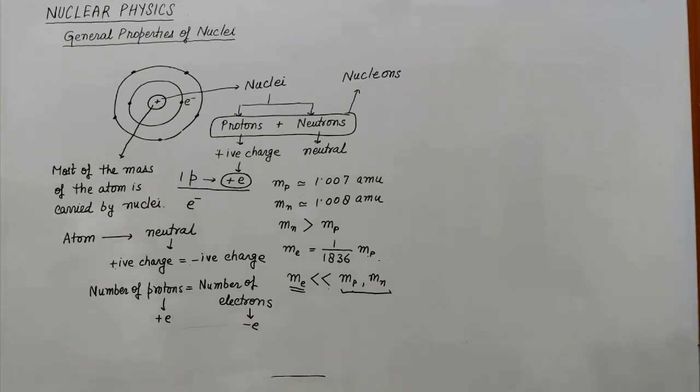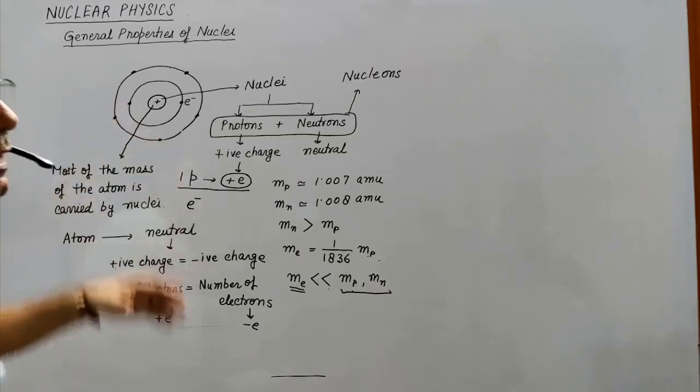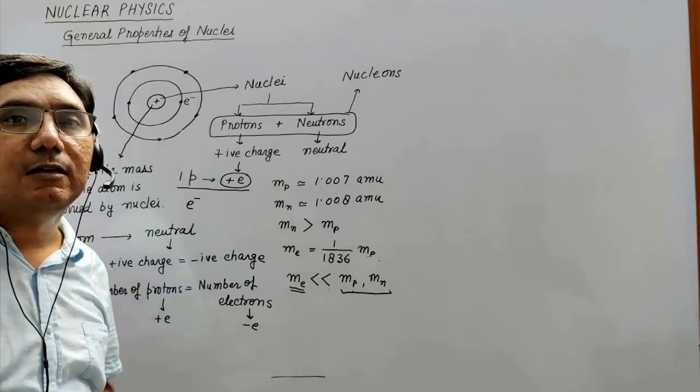Electrons revolve outside the nuclei. Electrons do not exist inside the nuclei. They revolve only outside the nuclei. One can easily prove that electrons cannot exist inside the nuclei. In an exam or in an interview, they can always ask you to prove that electrons cannot exist inside the nuclei.